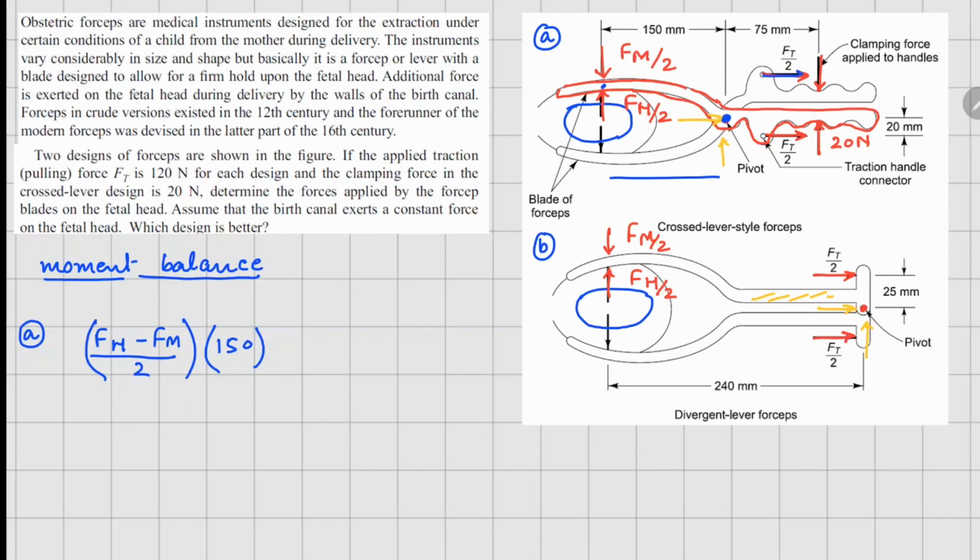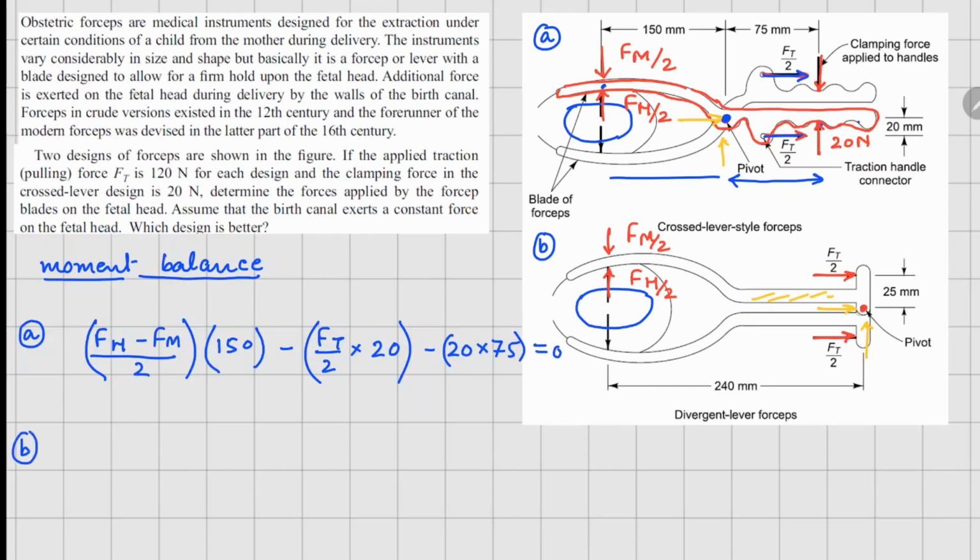Now this Ft over 2 is going to give you an anti-clockwise moment because we are going to consider the bottom part there, so minus Ft over 2, and the distance here is going to be 20 mm. Similarly, this 20 Newton force is also going to give you anti-clockwise moment, so minus 20, and this is sitting at a distance of 75 from here. So this has to be equal to 0.